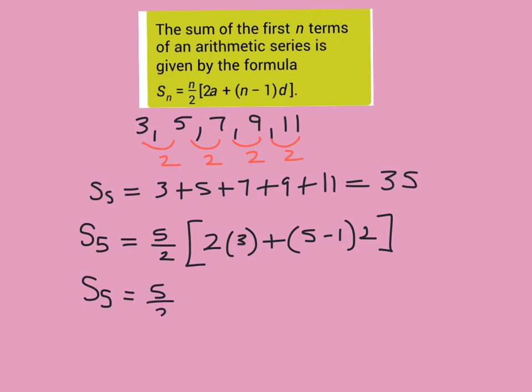I'm going to simplify the inside of that bracket. 2 by 3 gives me 6, plus 4 multiplied by 2 gives me 8. Then I can pop that into the calculator and that will give me 35. And that's just a very quick roundup of number patterns.